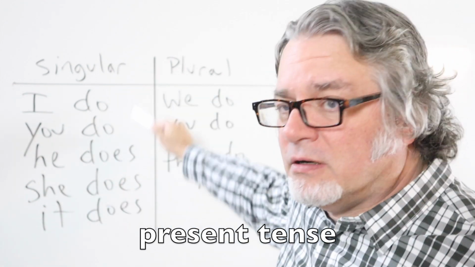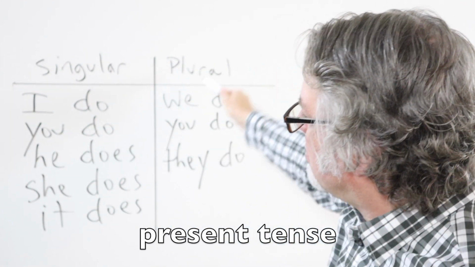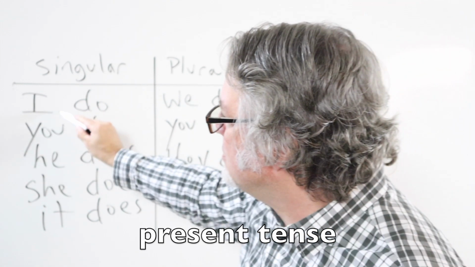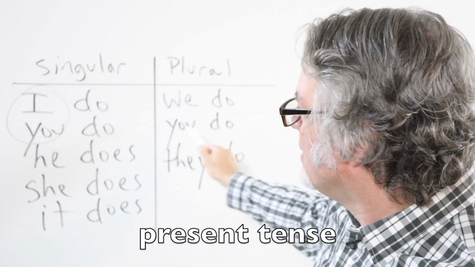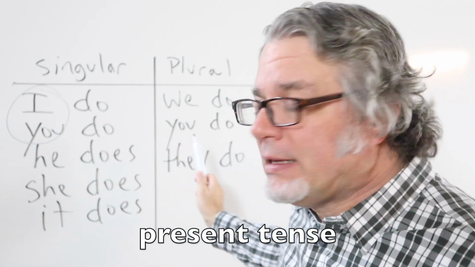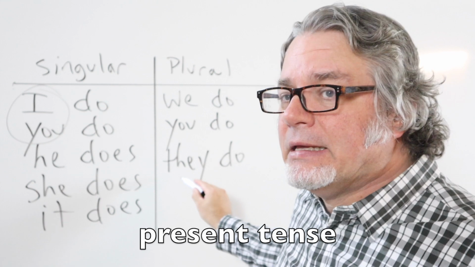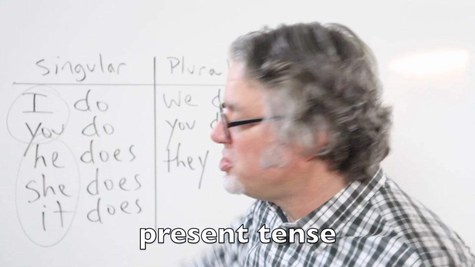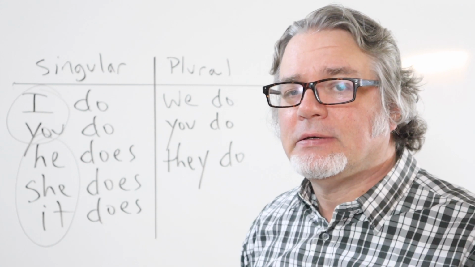These are singular. And then for the plural, we do. Remember that we is you and I. This you is the plural form of you. And they do. This is the plural for he, she, or it.